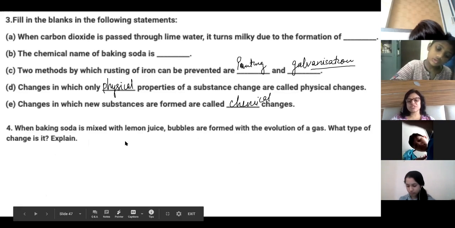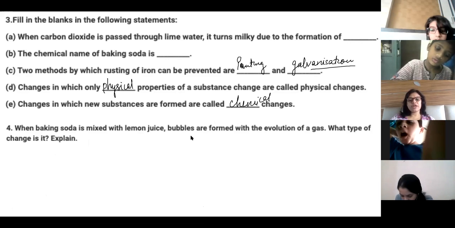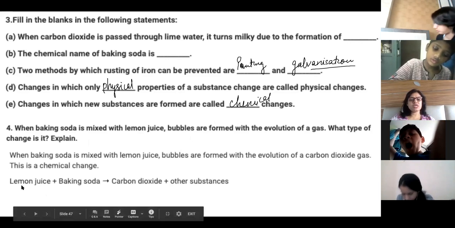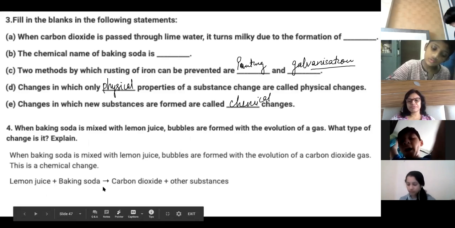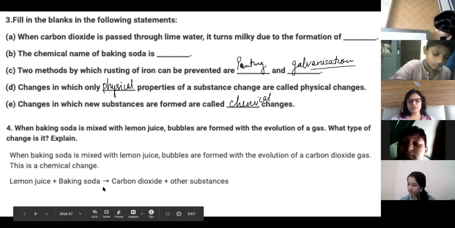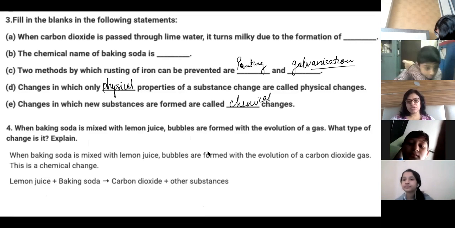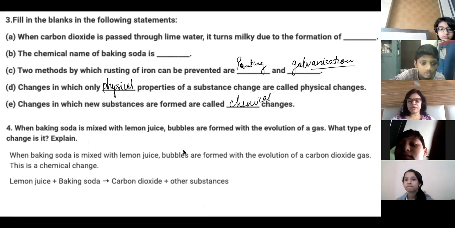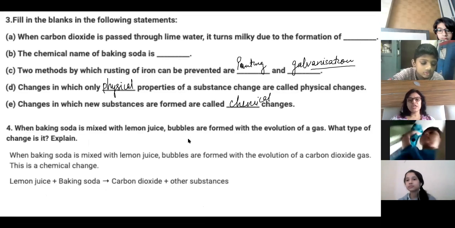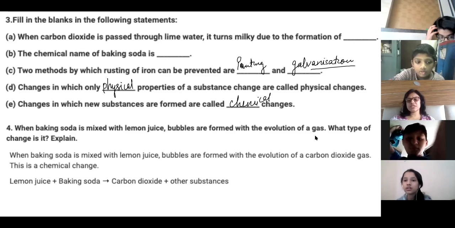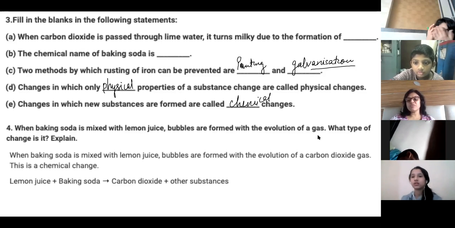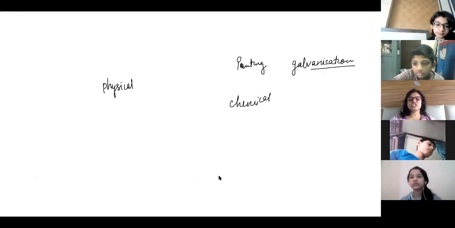Bubbles are coming out, that means it is a gas. Air is also a gas, right? So the bubbles are formed with the evolution of a gas, which means gas formation, and gas formation leads to chemical change.